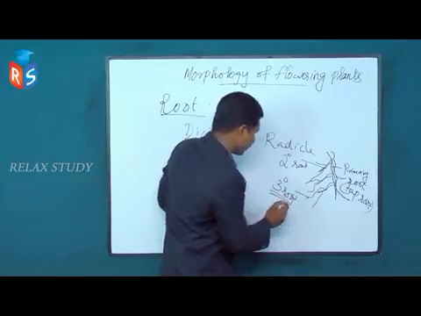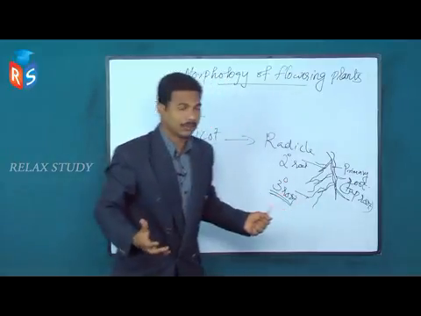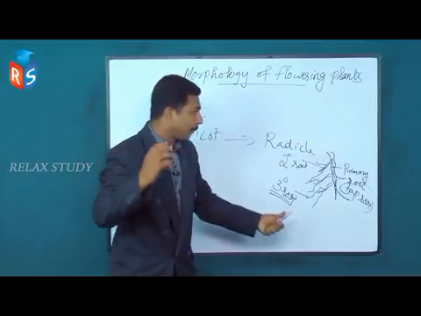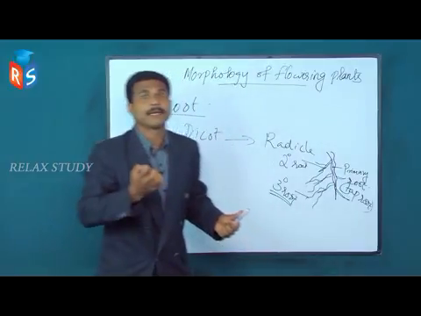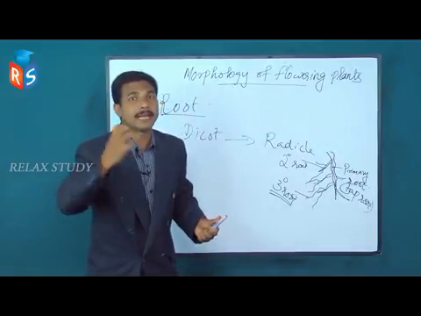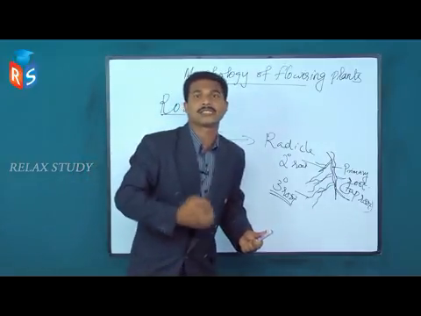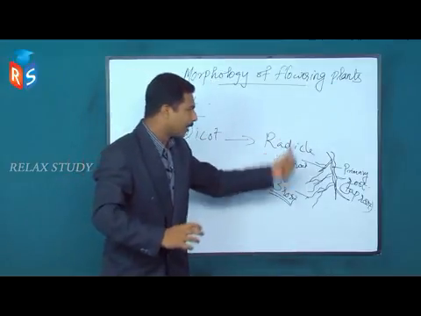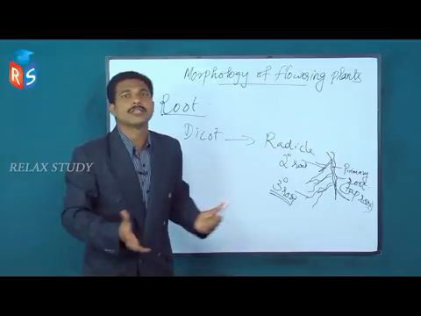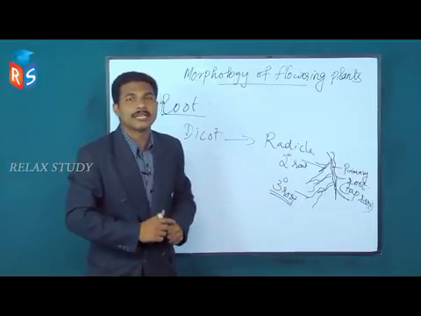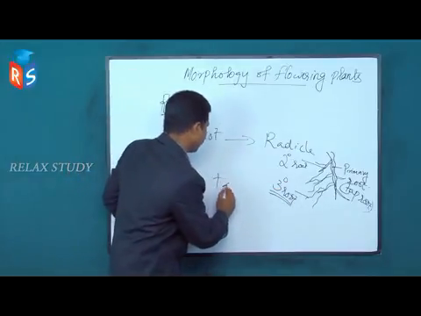So we can see different branches in the root. The main root is known as the primary root or taproot, its first branches are known as secondary roots, and the branches from the secondary roots are known as tertiary roots. All these roots together, this system, is known as the taproot system.